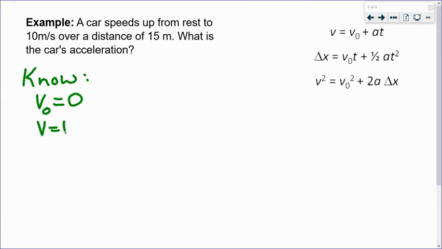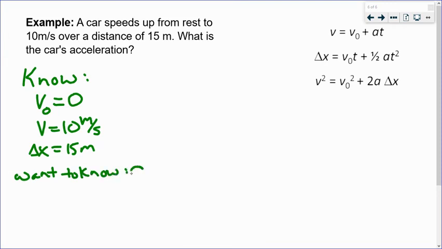That's our final velocity, 10 meters per second. Over a distance of 15 meters. That's going to be our change in position. Okay. So these are the three things we know. All right. What we want to know is the acceleration.